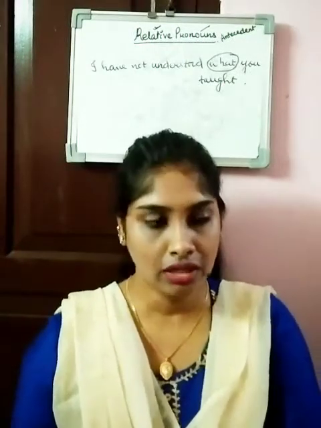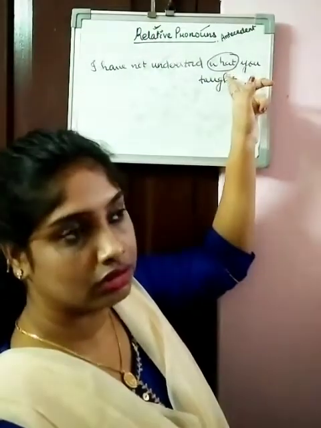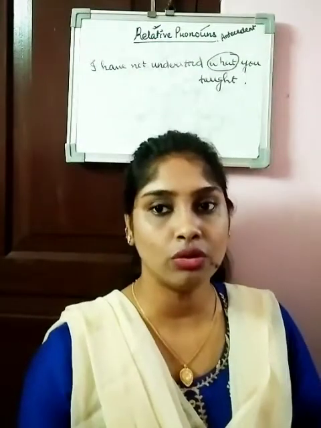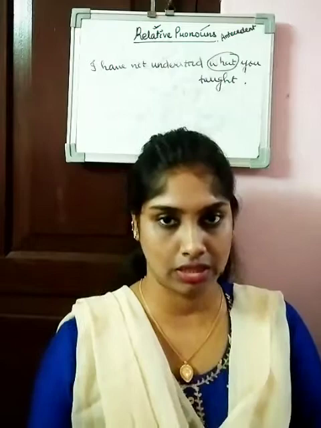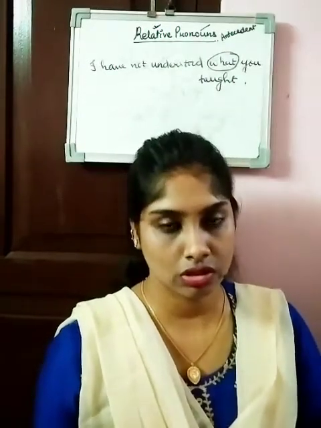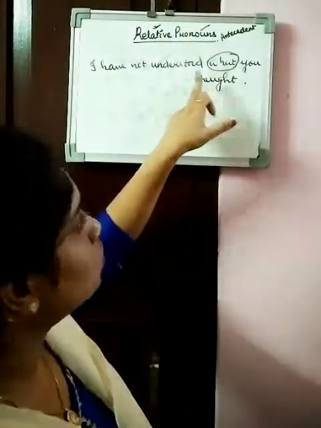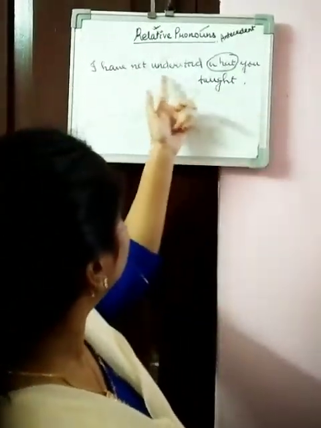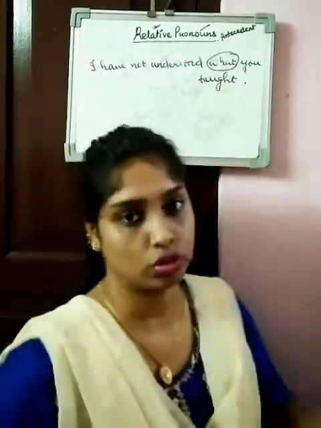What we are trying to indicate through the relative pronoun what is that which. It is somehow equal. That means we don't say it, but we mean that thing, that which. I have not understood that thing which you have taught.